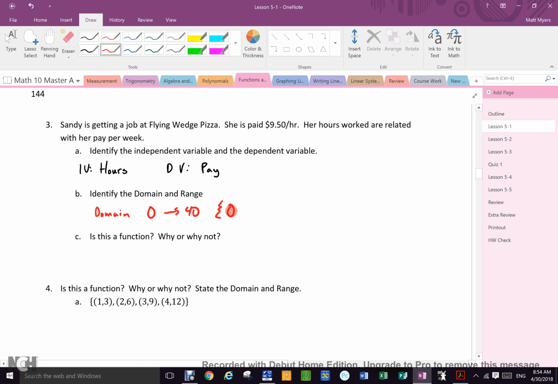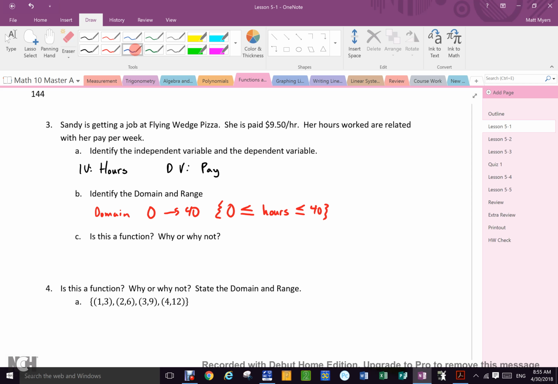Since that is the lowest value I could have, 0 is less than or equal to my hours, because I can't go lower than 0. But my hours are less than or equal to what? What's the most hours I could have? 40. And then we do another squiggly bracket. Everybody cool? Yes, set theory is a big part of code. Is everybody good here?